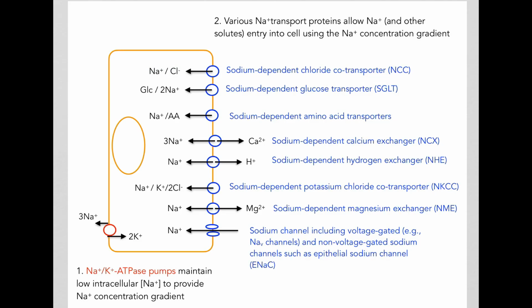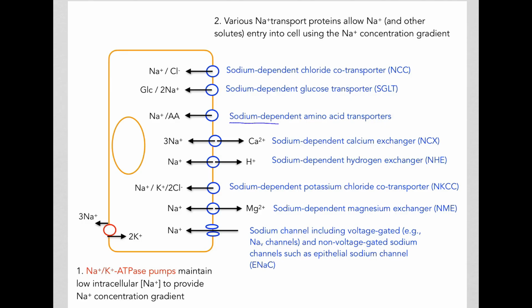The protein called sodium-dependent glucose transporter, or SGLT, will use the concentration gradient not only to bring in sodium, but more importantly to bring in this very important fuel molecule required for energy generation, and this is glucose.